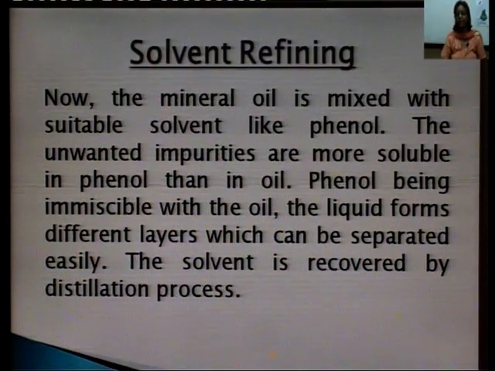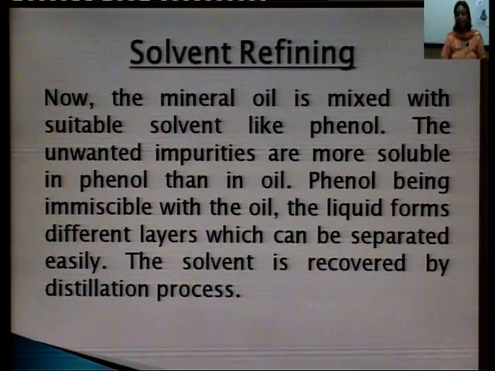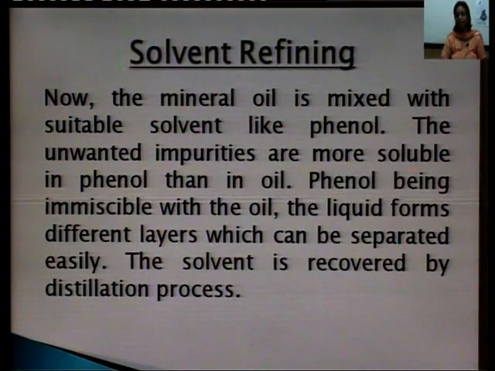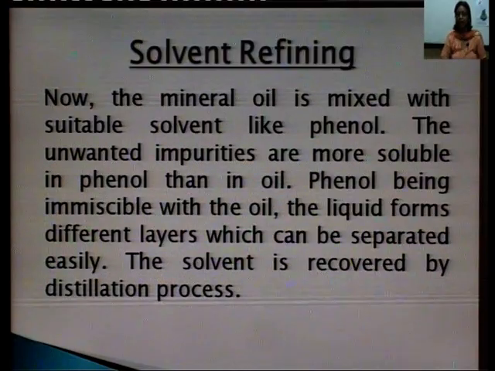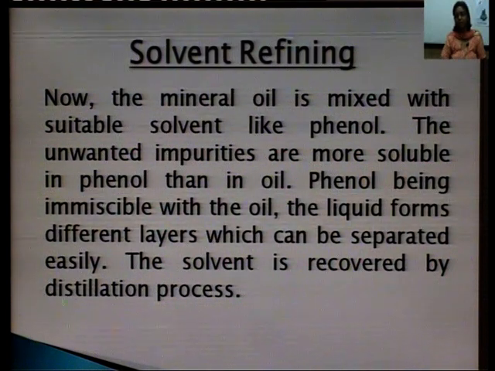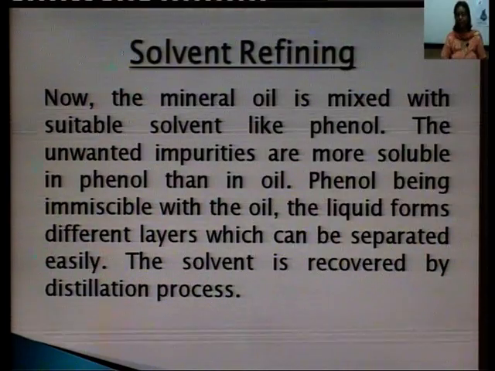Next is solvent refining. Now, the mineral oil is mixed with a solvent like phenol. Now, phenol is added to the mineral oil and the unwanted impurities which are soluble in phenol go into the phenol, leaving the oil free of the impurities.